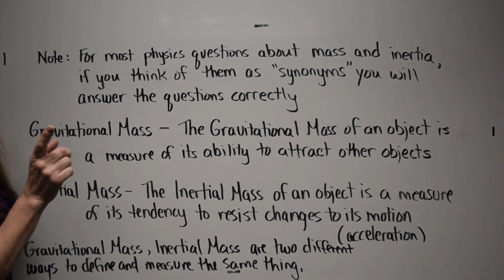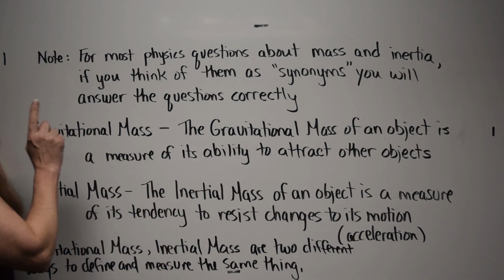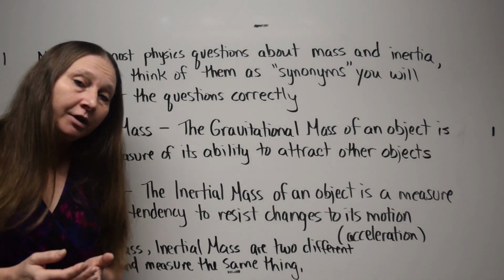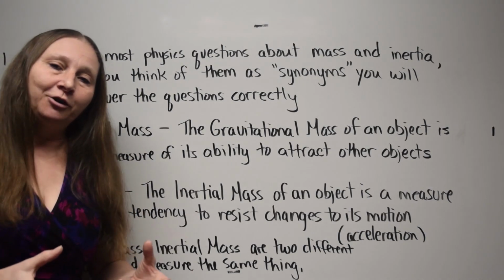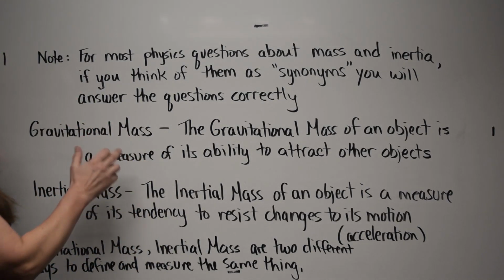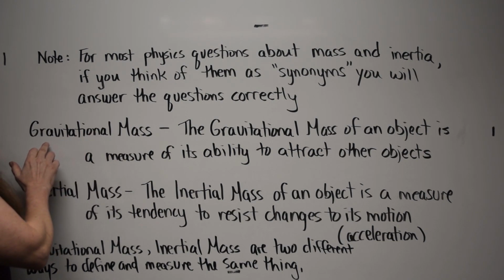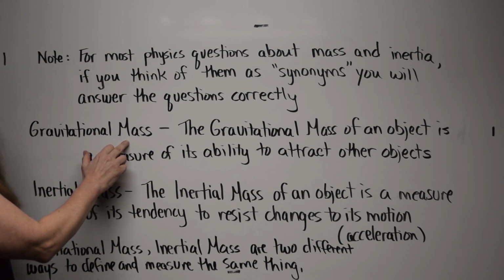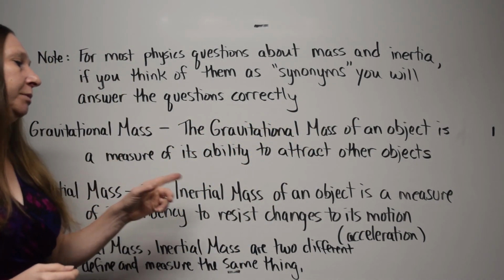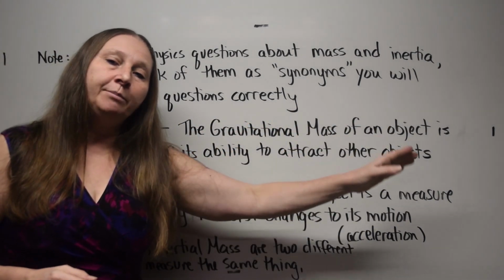Now, definitions for mass in physics. Again, we said that the definition for mass in chemistry was the amount of matter in a sample. Now, in physics, we talk about it a little bit differently. We can have gravitational mass, and the gravitational mass of an object is a measure of its ability to attract other objects.